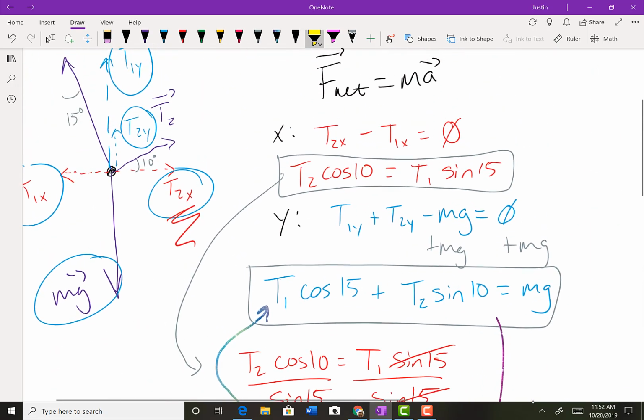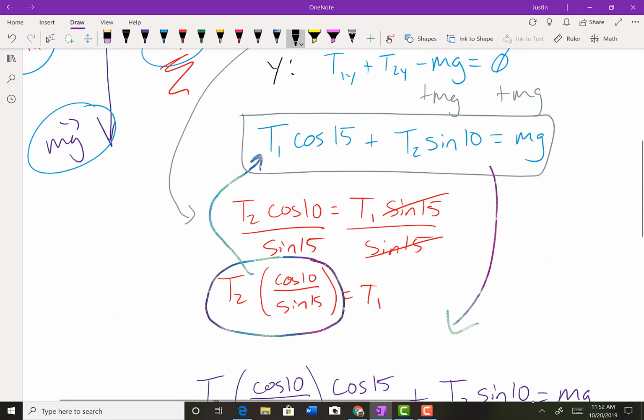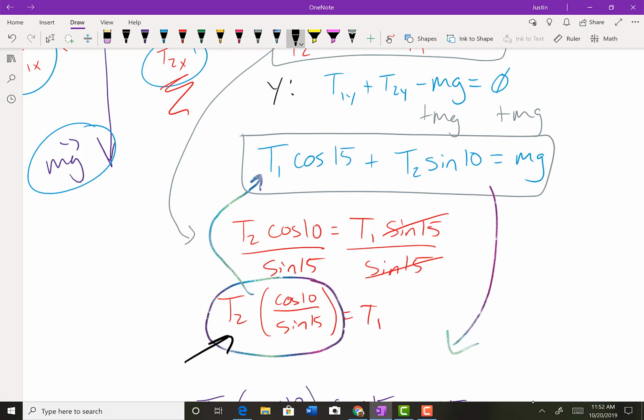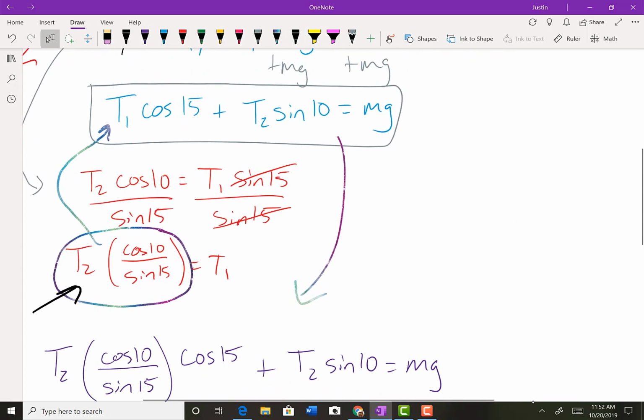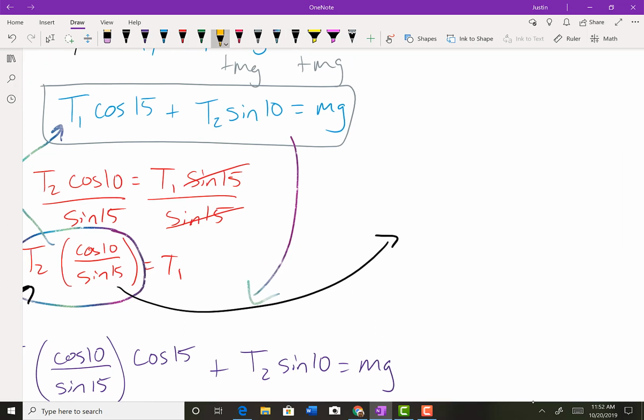All right, and then in order to get T1, well, I know T2. I can go back to any one of these equations. I can actually go back to this one that I already isolated T1, and that's going to give me my answer for T1. But really, you can plug it into any one of these. So this is T2 cosine of 10 divided by sine of 15 equals T1.